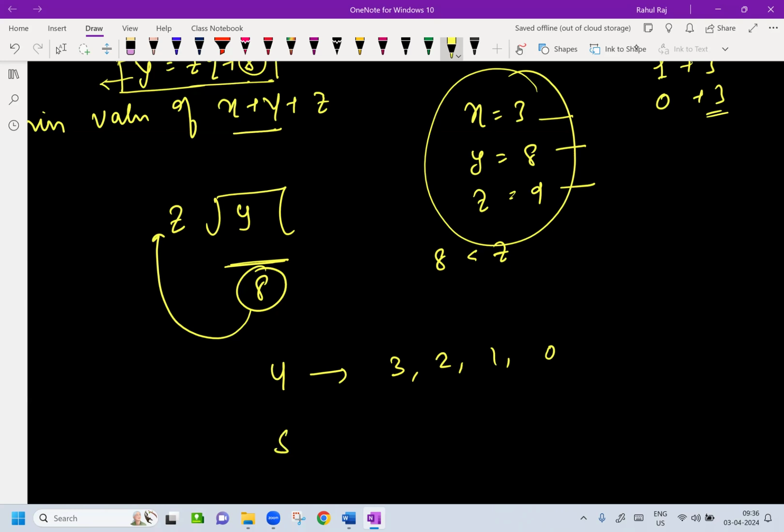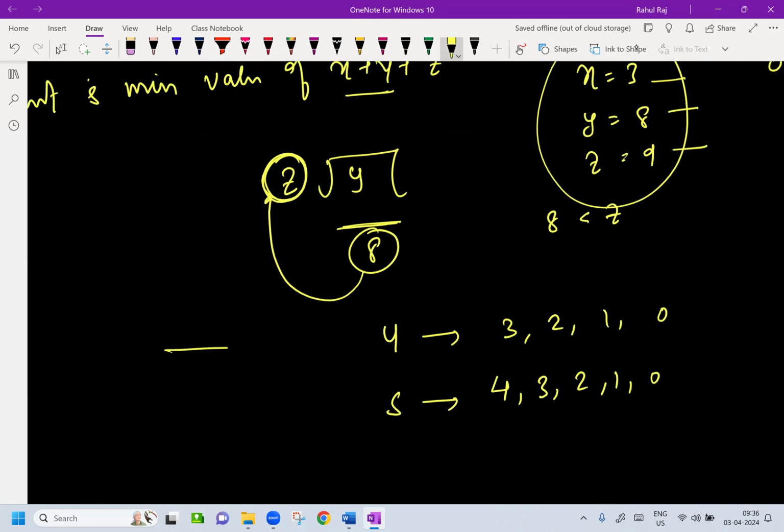If you divide a number by 5, the possible remainders are 4, 3, 2, 1, 0. So remainder is always less than the divisor, right?